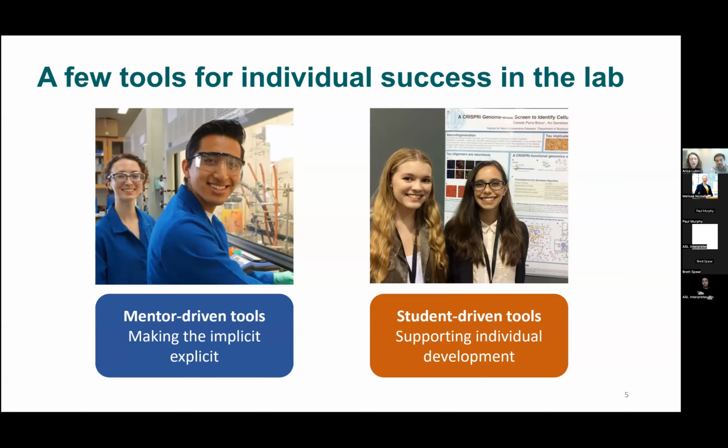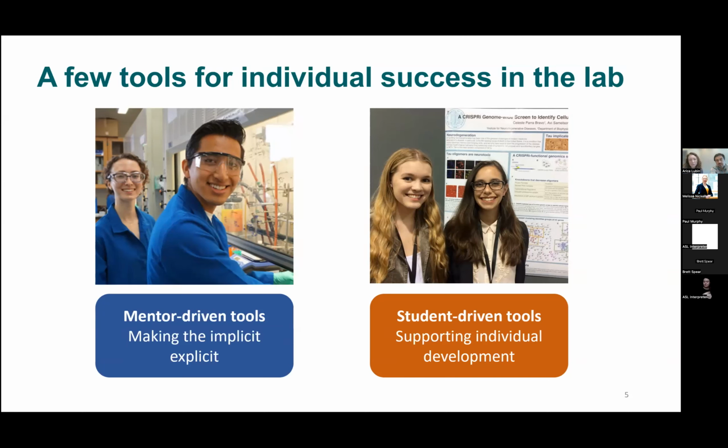A lot of them are around making sure that the things that are very obvious and well understood to senior researchers and PIs may not be understood or obvious at all to new researchers. And so a lot of the tools that we'll discuss today are around making sure that these hidden expectations and the hidden culture in research are made quite obvious, and the implicit is made explicit to your researchers.